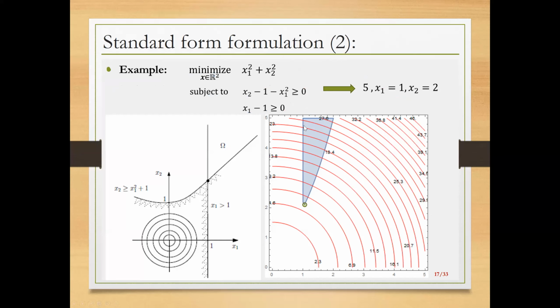So do you agree that this blue shaded area is the feasible set omega? Because all these points inside satisfy these two constraints, right? So this blue shaded area is our omega. Now, I would say that we have a global minimum. That means every point in here, whether I take this point, and this point, and let's take this point as well.